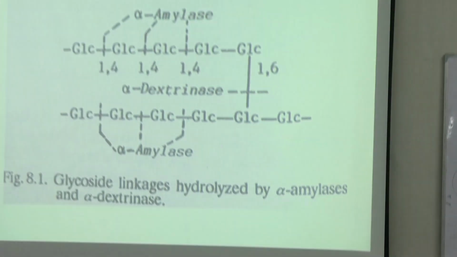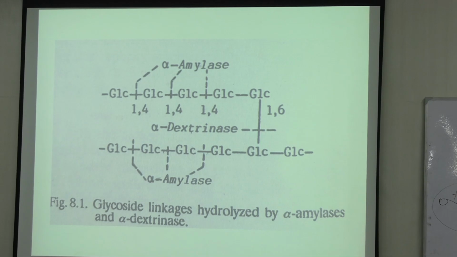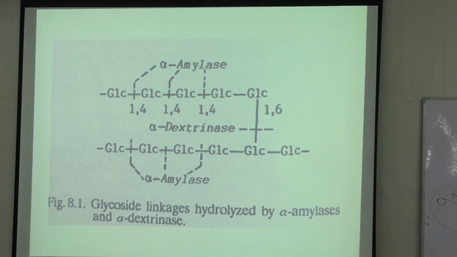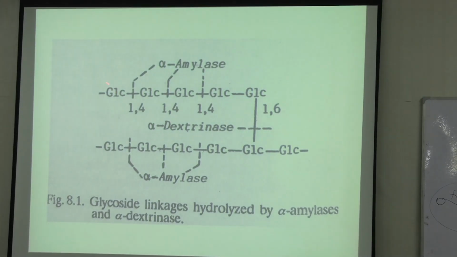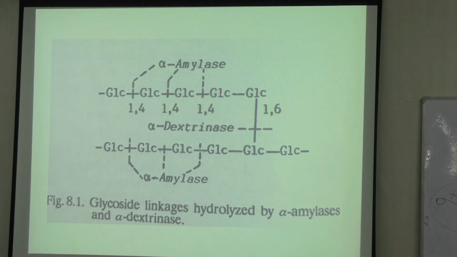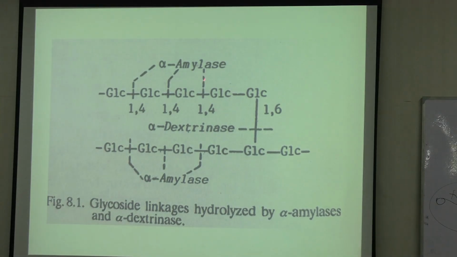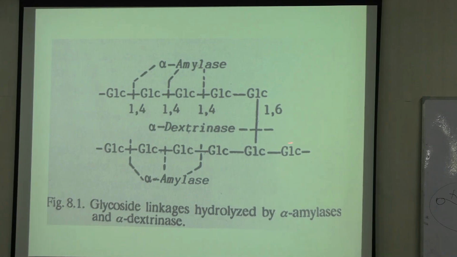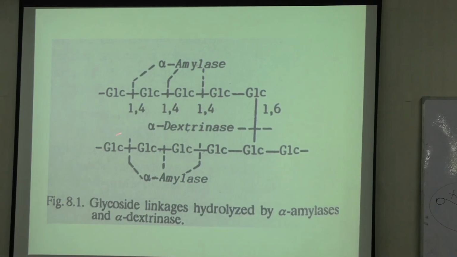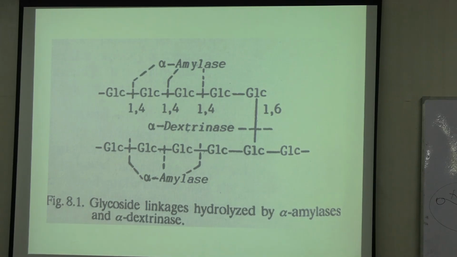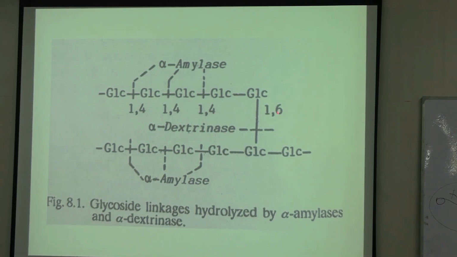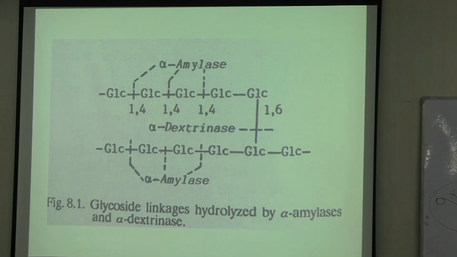Now see how our amylase acts on the starch molecule. Glucose. Alpha amylase is acting, breaking these, but unable to break this. Here also, breaking these, but the 1,4-glycosidic linkage close to this it cannot break.